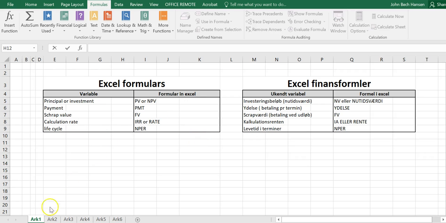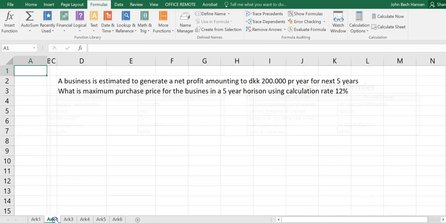Let's take an example. A business is estimated to generate a net profit amounting to 200,000 per year for the next 5 years. What is the maximum purchase price for this business, in a 5-year horizon, using calculation rate or discounting rate, same thing here, 12%.